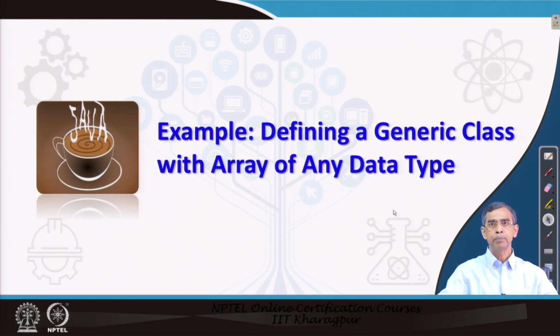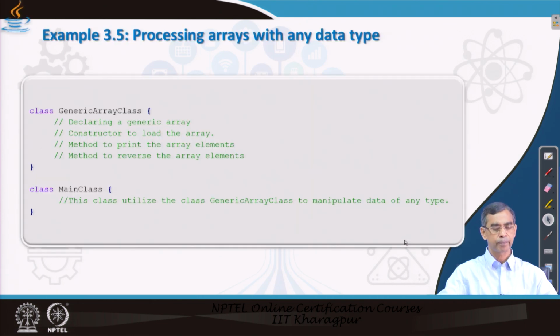In the previous examples, we discussed a generic class which contains data of any type, but not an array of any type of data. Now, in the next example, we are going to repeat the similar procedure, but only for arrays. Let us note the difference between an array and a single element. This is the structure of the program that we are going to illustrate, so that we can understand how a generic class for an array with any type of data can be declared.